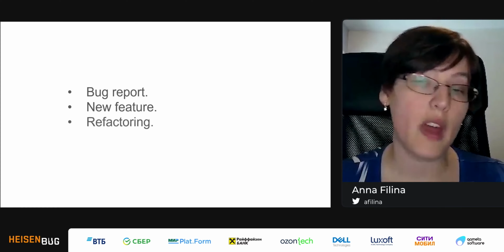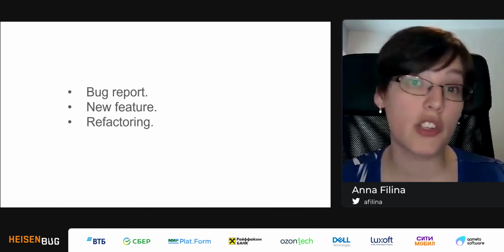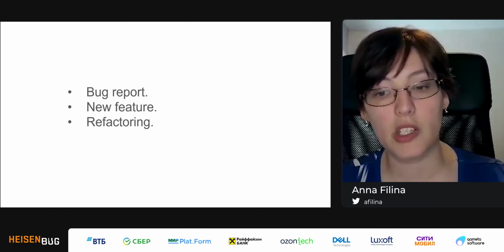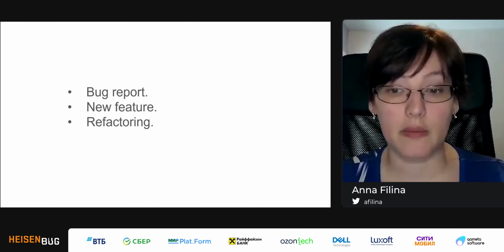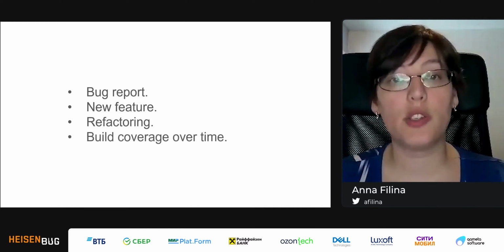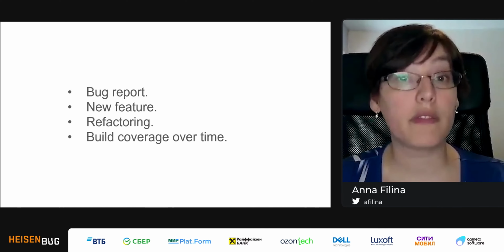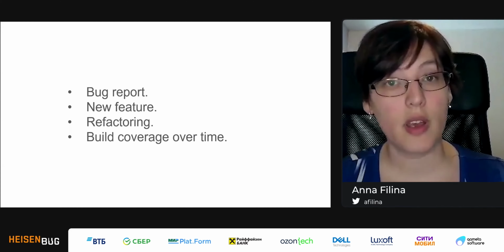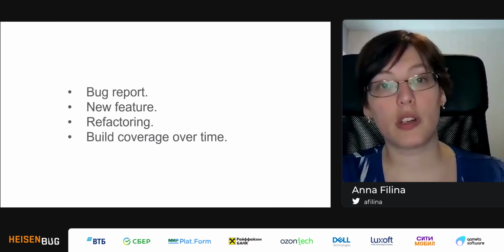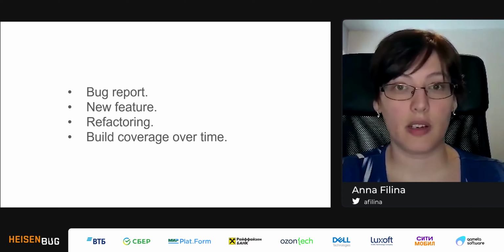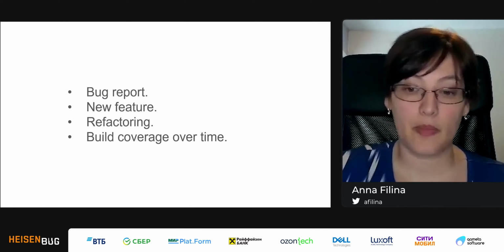If you plan to refactor a piece of code or change some existing behavior, any kind of change basically that you plan to do to the application, you should have a test for that. And so over time, what will happen is you will build adequate coverage for your application. Not everything at once, but every time you touch the code, you can make it better and add automated tests for that.